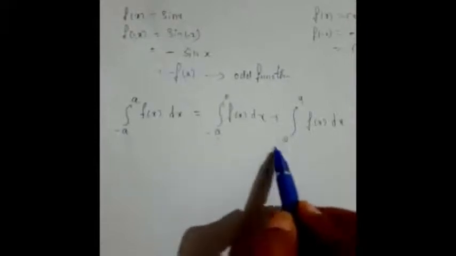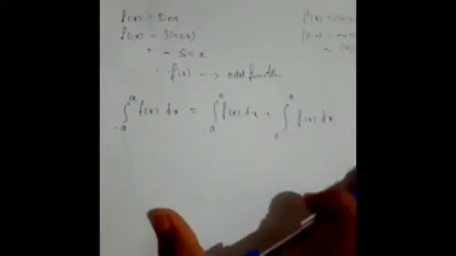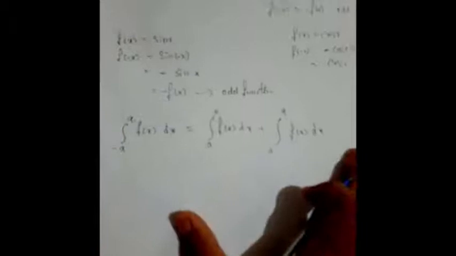So minus a to 0 and 0 to a of f of x dx. And now see here, in your output we need 2 times the integral from 0 to a of f of x dx. Concentrate on the output's limits. We are trying to convert the limits to lower limit 0, upper limit plus a.